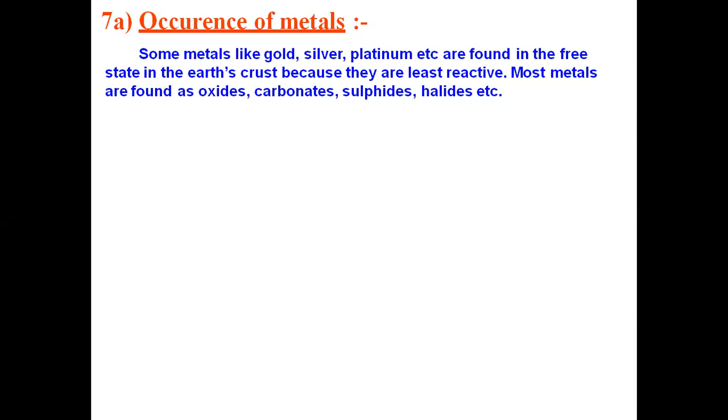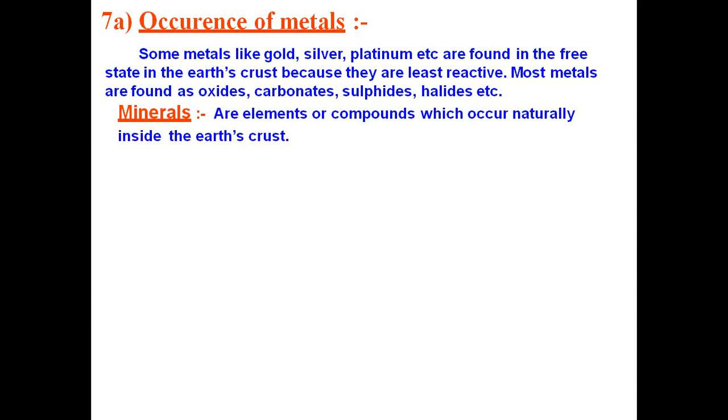But other metals are more reactive, and they will be present either in oxide form, carbonate form, sulfide form, or halide form. So from that, we need to extract the metal. Those metal compounds, along with the impurities, are called minerals.